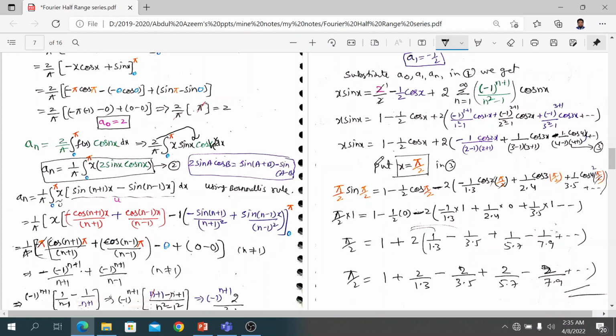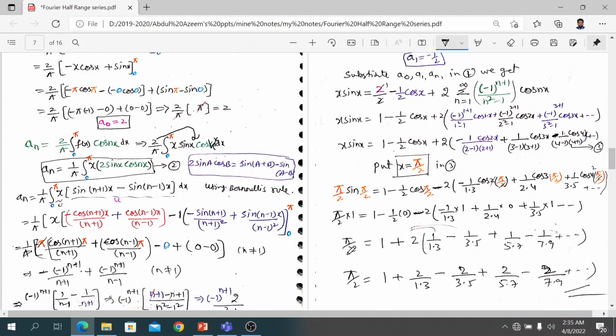So here put x equal to pi by 2. Pi by 2 sin pi by 2, since sin 90 is 1: 1 minus 1 by 2 cos x, with x as pi by 2. Pi by 2 sin 90 is 1, 1 by 2 cos 90 is 0, 2 cancels, cos pi is 1, cos 3pi by 2 is 0, 2 cancels, cos 2pi is 1.